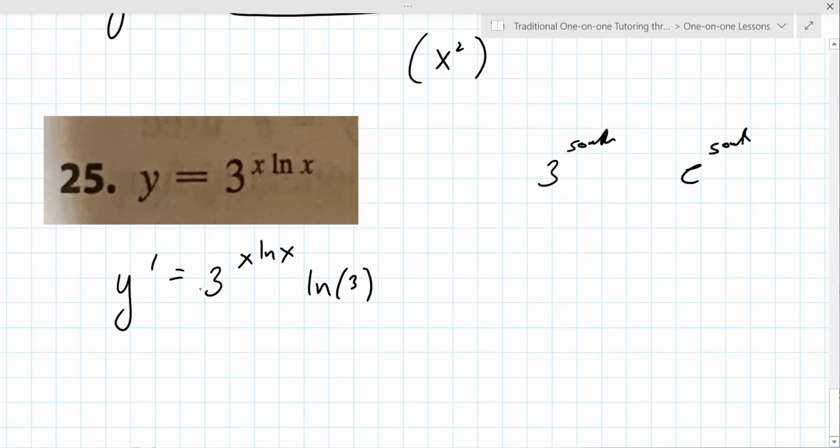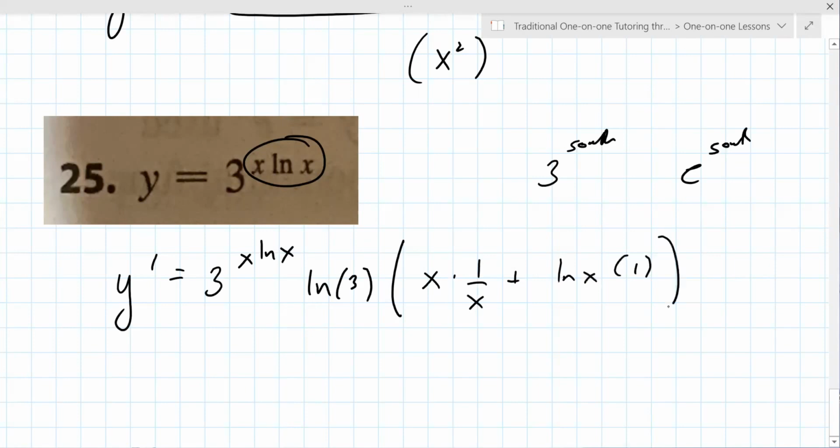That's something you might misremember, but we are not done, because the inside function is a product rule. It's x times 1 over x plus natural log of x times 1. Yeah, I've got to study the log rules.